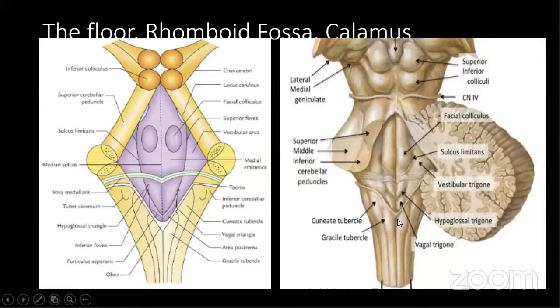These are known as the tinea. When they meet each other, this point is known as the obex. The obex is the lowermost point of the roof of the fourth ventricle, or we can also say the obex is the point where the fourth ventricular cavity communicates with the central canal of the medulla oblongata.